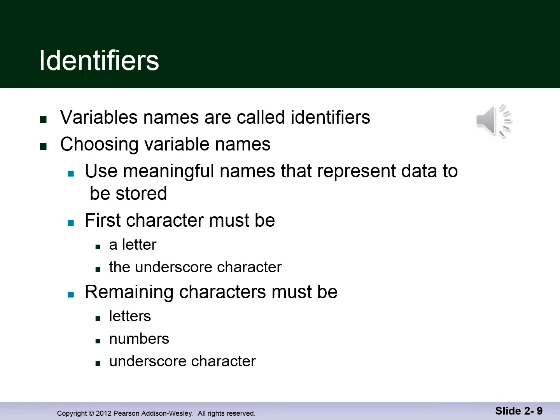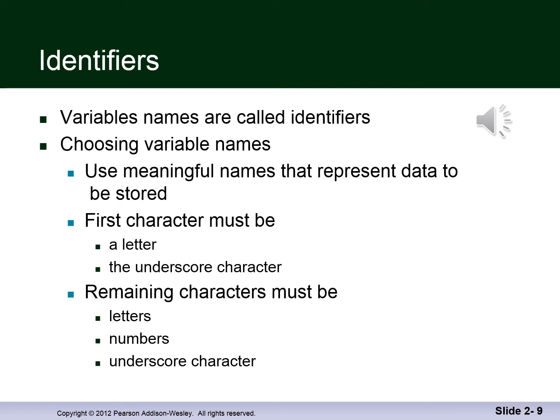But you want to use meaningful names that clearly represent the data to be stored, because although you may write a program, and that program may go into production after it's debugged and tested, someone may come back a year later, 2 years later, and have to change or modify the program because the requirements have changed. And you want the program to be easy to read and understandable and intuitive.